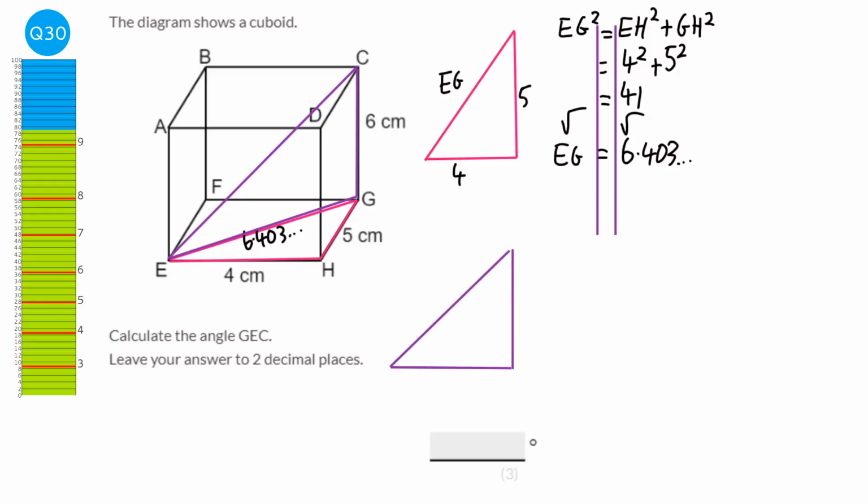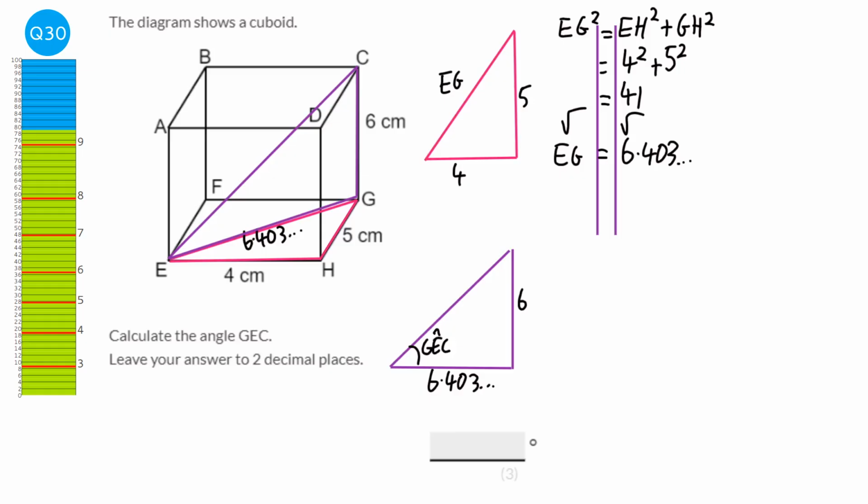And again, it's a right-angled triangle. The height is 6. The width, or the base of the triangle, is that 6.403 blah blah blah that we've got. And the angle GEC is actually this angle here. So this is angle GEC. Okay. And we can show it like that.